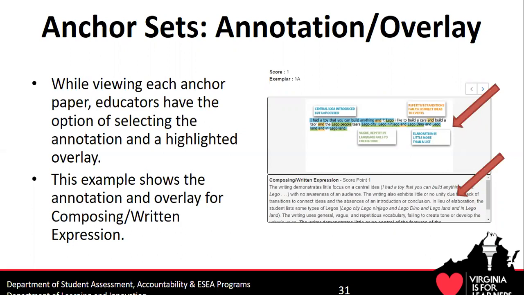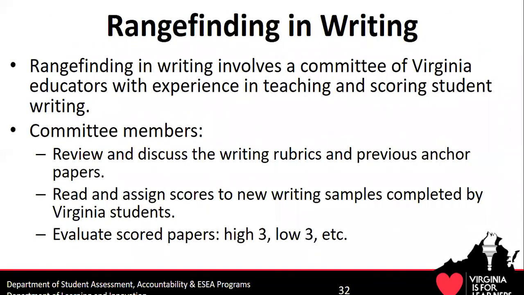Now, Catherine will talk a little bit about Rangefinding. We held a Rangefinding committee this spring, I believe, for 5th grade writing. What happens with Rangefinding is we get together a committee of Virginia educators who have experience in teaching and scoring student writing. They look at papers written by Virginia students.